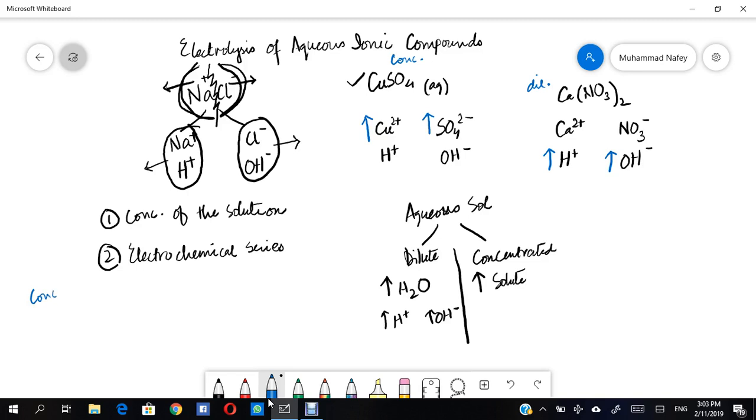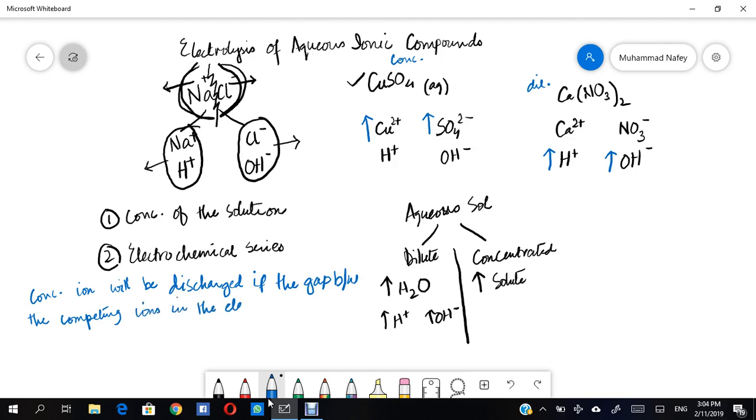The concentrated ion will be discharged if the gap between the competing ions in the electrochemical series is 3 or less than 3.